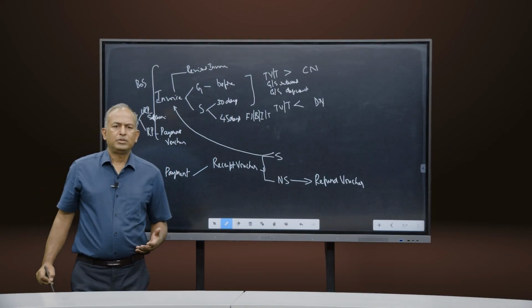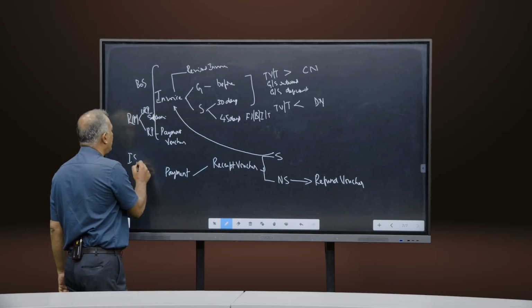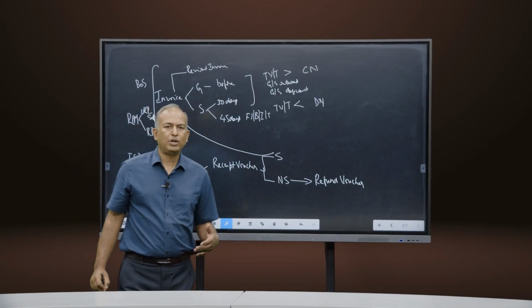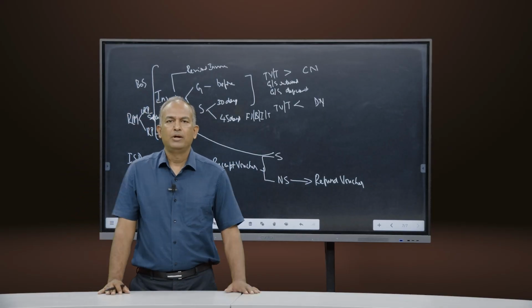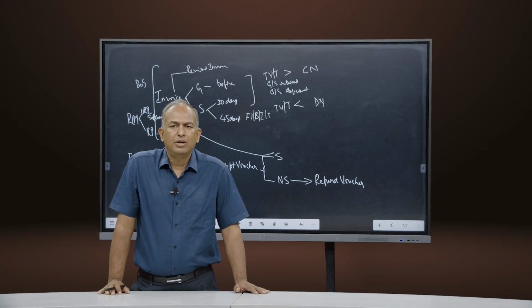The last two documents I spoke to you about were the invoice issued by the ISD person, and the delivery challan. Basically, this is what is explained to us in section 31, read with, I think, rules 46 to 55.